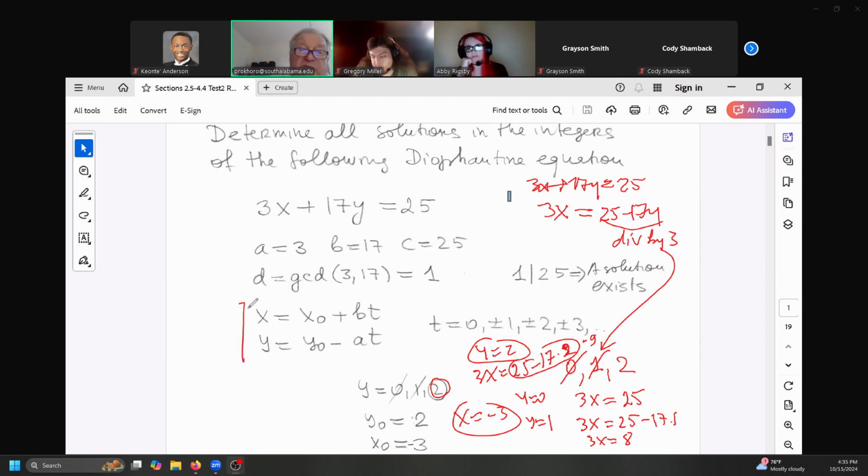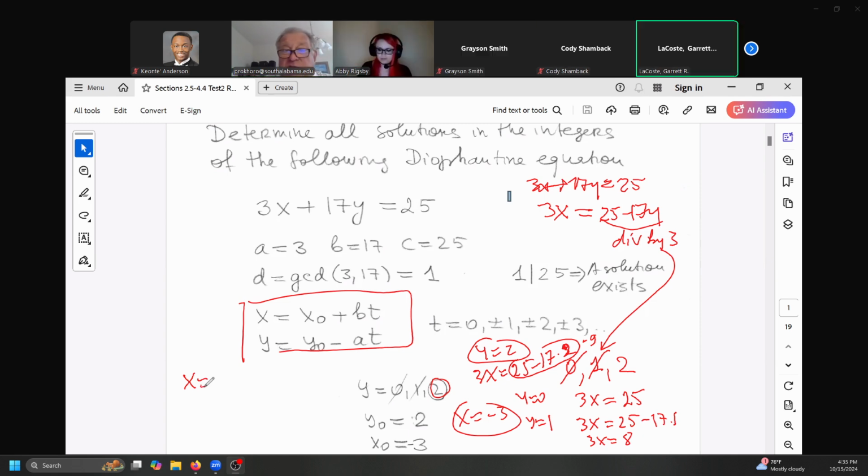So when we apply this formula, now we know x naught: x naught equals negative 3. So x equals negative 3 plus b, which is 17, times t.